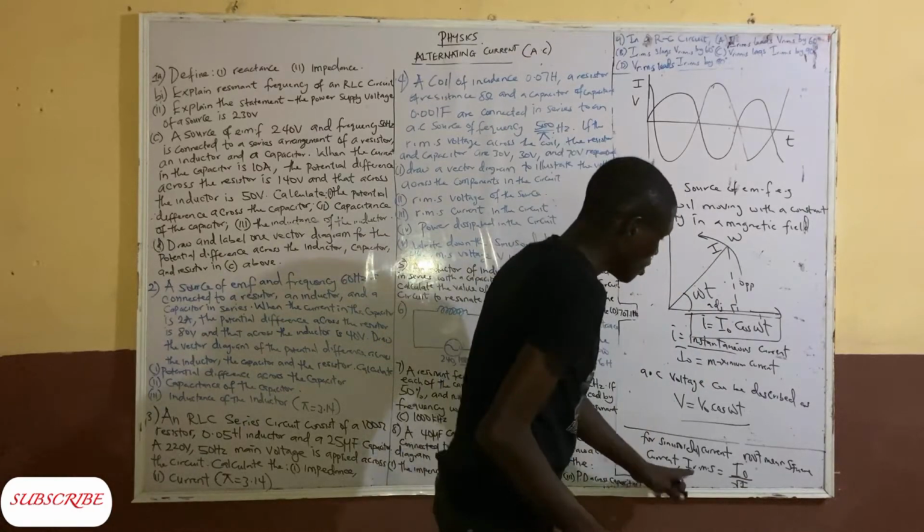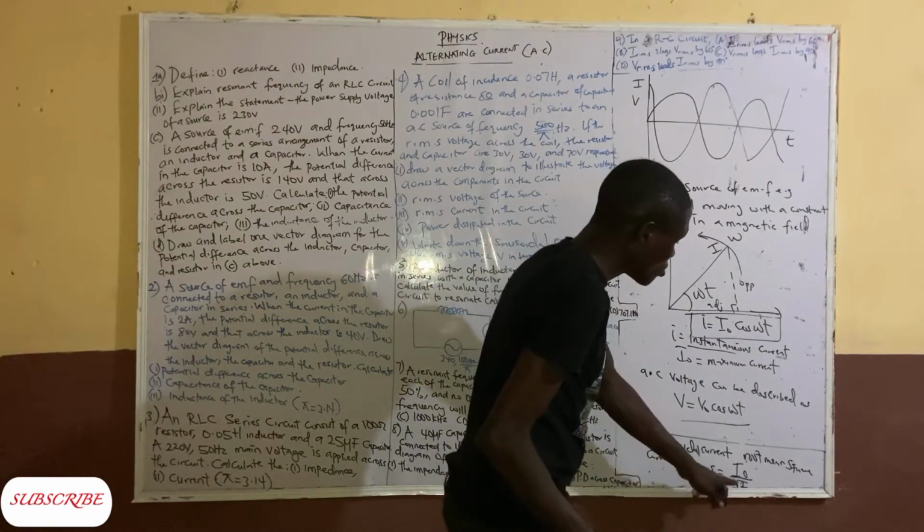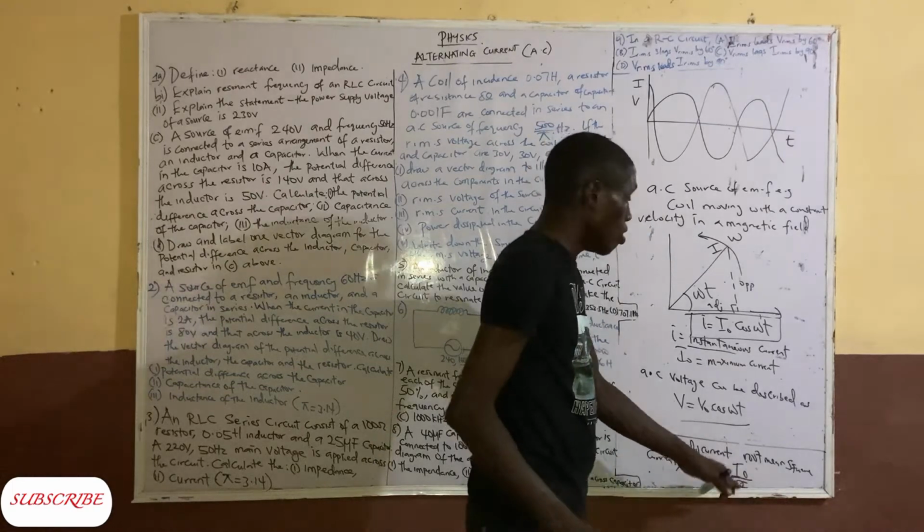So we have I root mean square equal to I naught, which is the peak of the current, all over root 2.